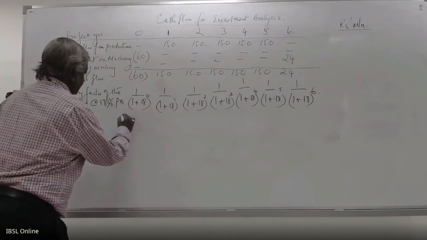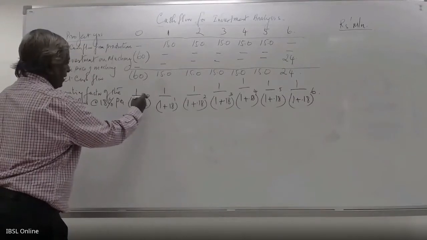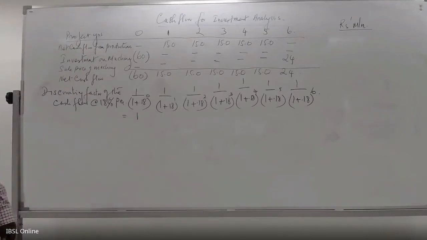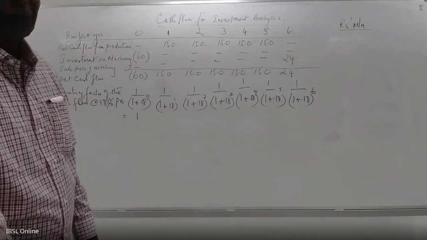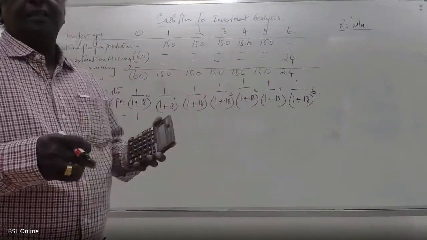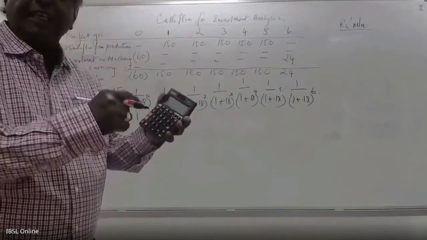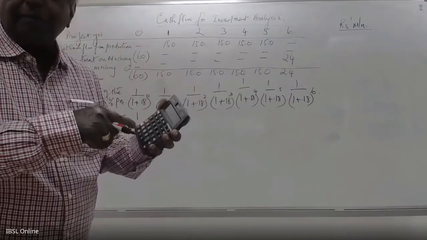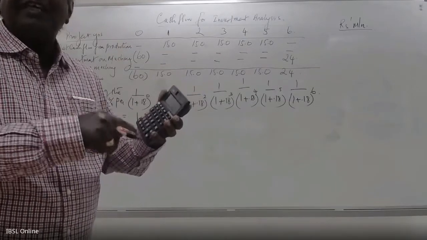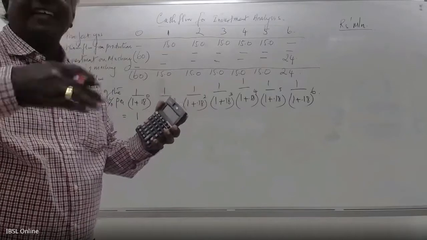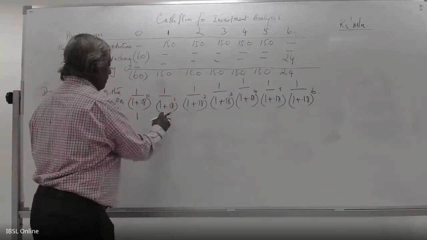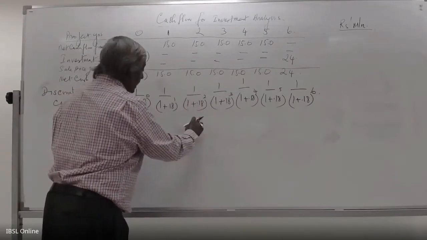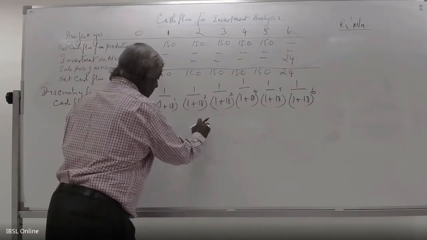So now this is equal to 1 divided by 1 plus 0, that is 1. So that is 1. The next one, again the calculator. Now in this calculator, the compounding factor gets multiplied with the equal sign. When you do the division, with the equal sign, it will get divided. Again divide. So here it is 1 divided by 1 plus 0.18, again divided by 1 plus 0.18.